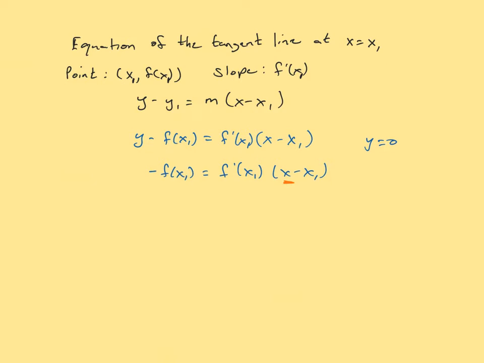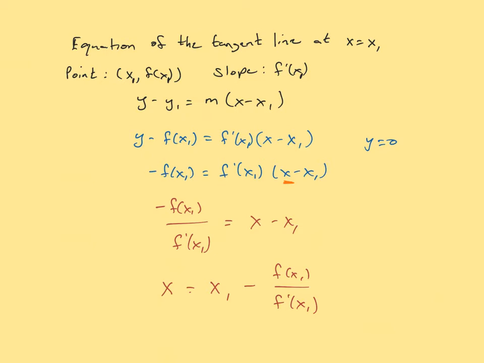To do that, I will divide by f prime of x1. And when I do that, I'll have negative f of x1 over f prime of x1 equals x minus x1. Then I add x1 to both sides, and I end up with x equals x1 minus f of x1 over f prime of x1.